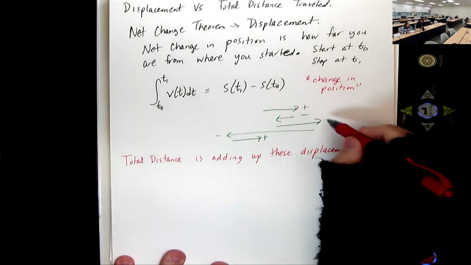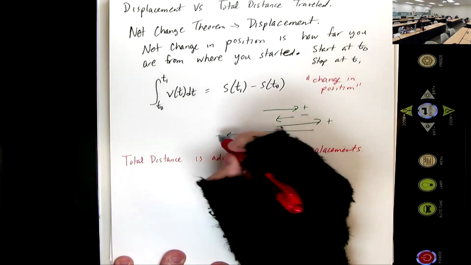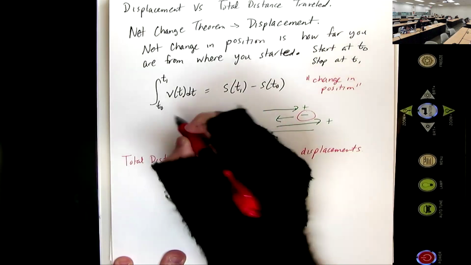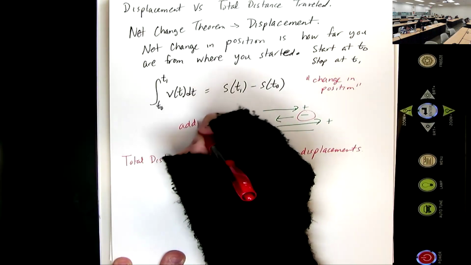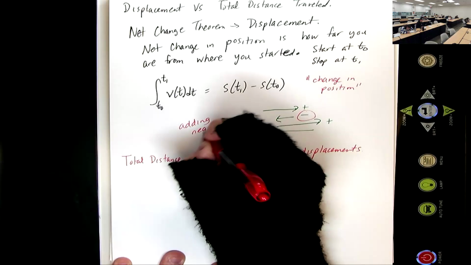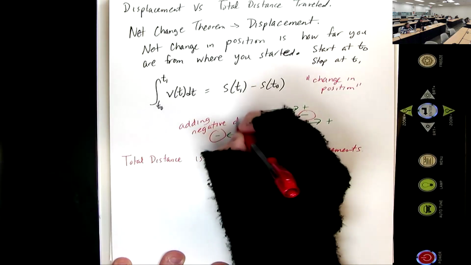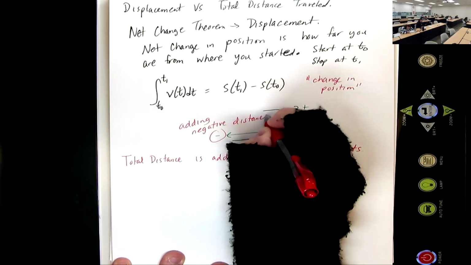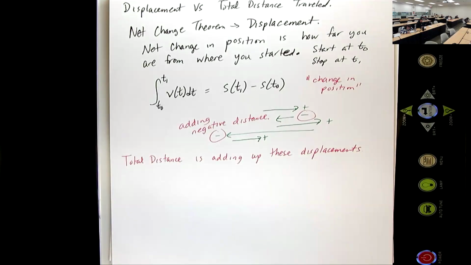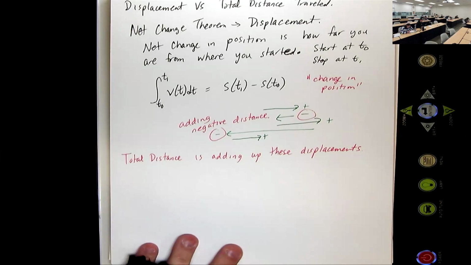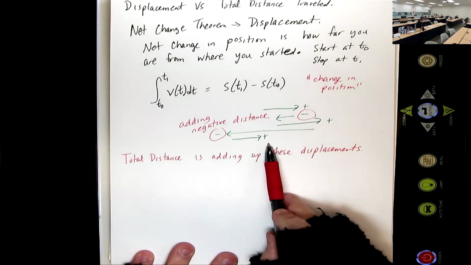But the ones going left are adding negative distance, because it's change of position, so it's taking us back.